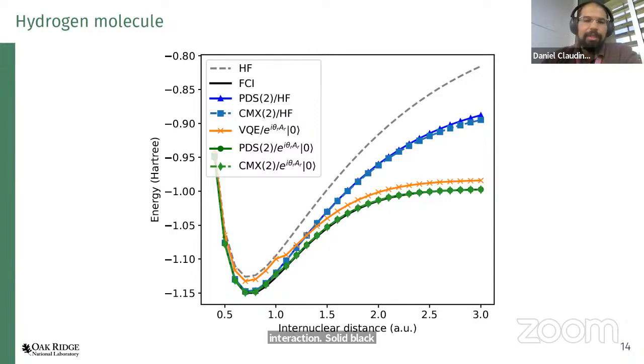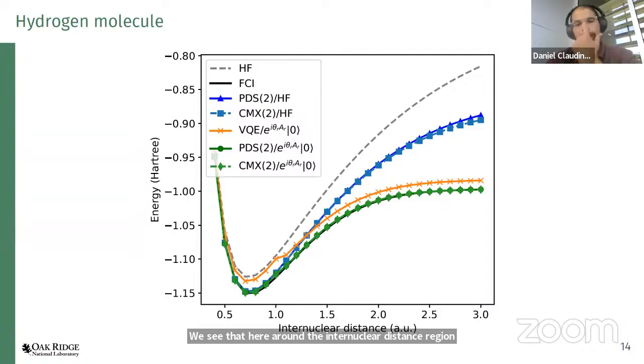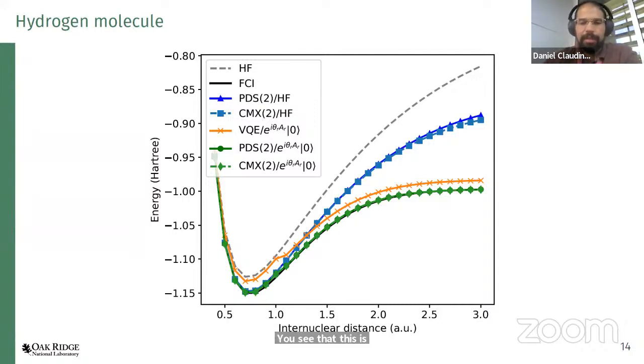And we see that if we try to keep our expansions in low orders, so PDS2 and CMX2, using that mean field solution as our trial state, around the internuclear distance region which is dominated by that mean field solution, this is a fairly good approximation.